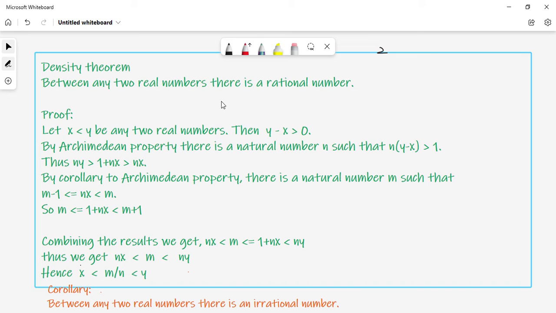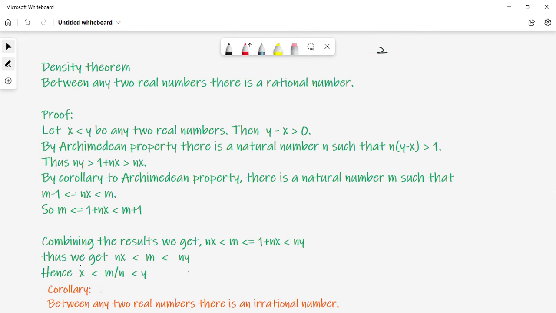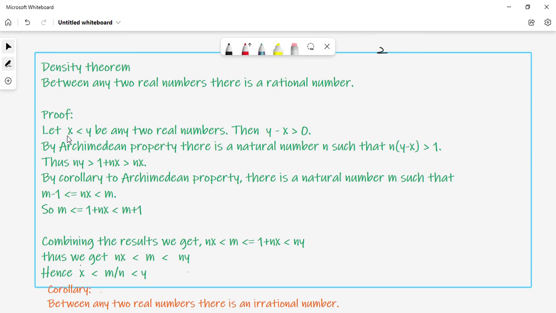So for the sake of simplicity, let us take two real numbers and clarify which is smaller and which is bigger. So we are saying x is less than y. x and y are any two real numbers that we are handling. From the bigger number, if I subtract the smaller one, the resultant is positive. So y minus x is greater than 0, so I got a positive real number.